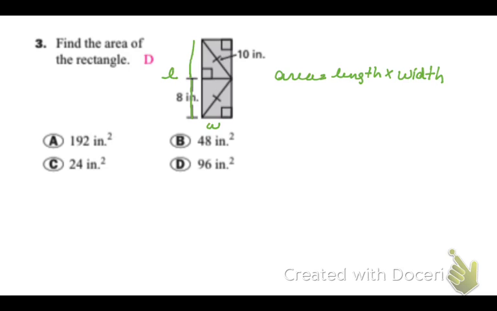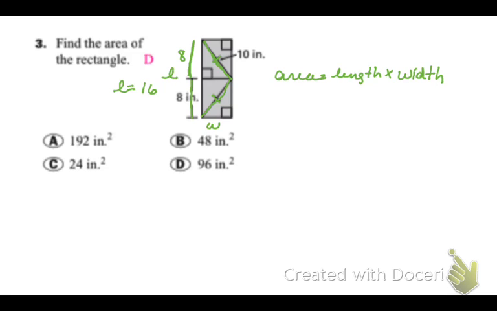It is these two slash marks right here. These two slash marks mean these are the same length. So if these are both the same length, then this line has to be the same length, and that is 8 inches. So now we know our length is equal to 16 inches.